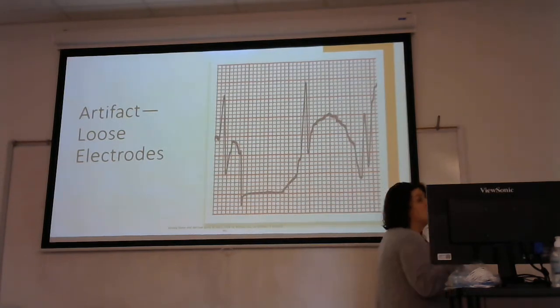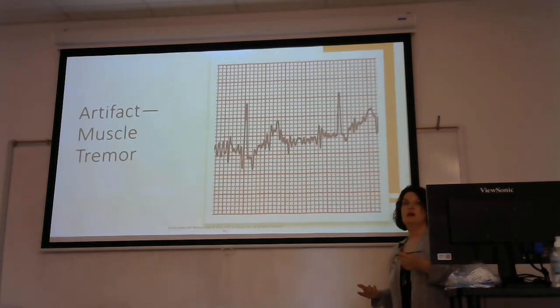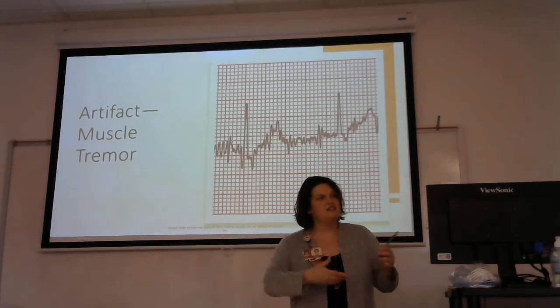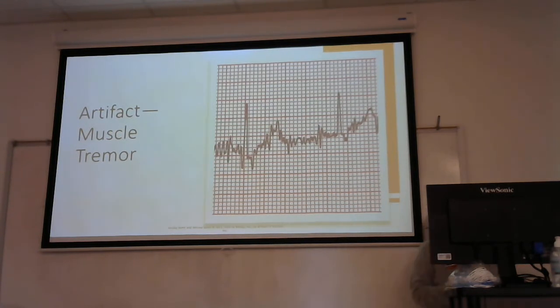Okay? So loose electrodes are one. Or another one, guys, muscle tremors. Especially some of your older patients, your patients that have Parkinson's or some other type of muscular situation. Okay? So again, it's just paramount that you make sure and assess your patient first.